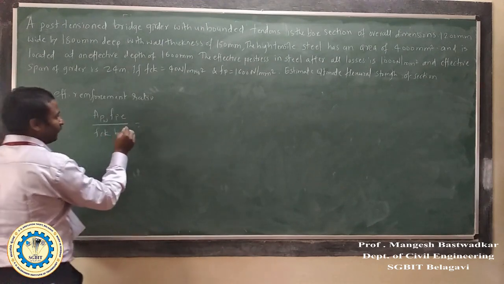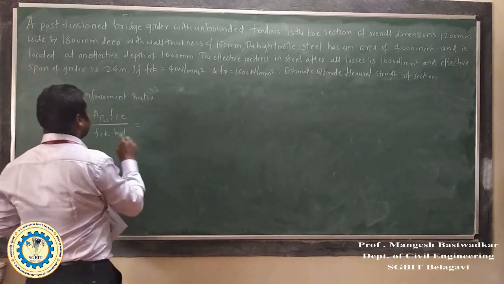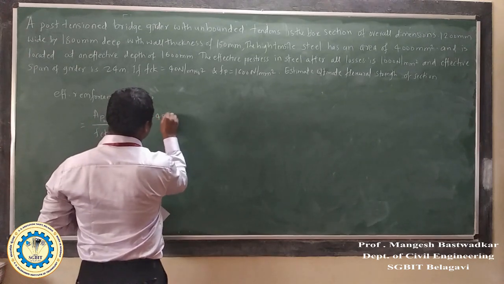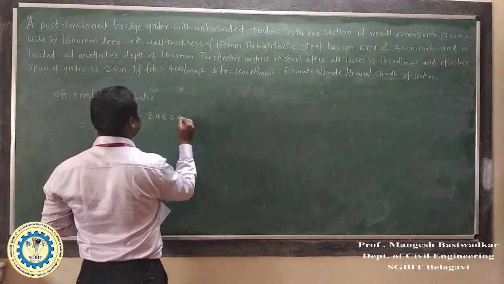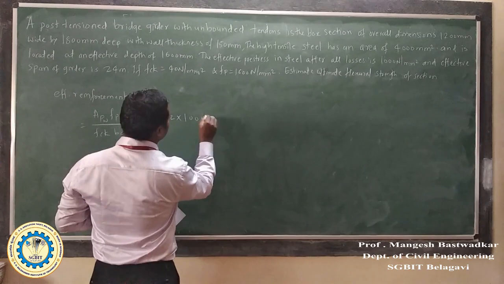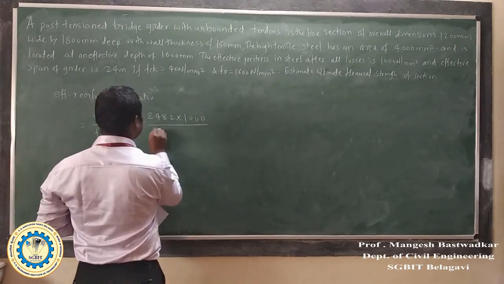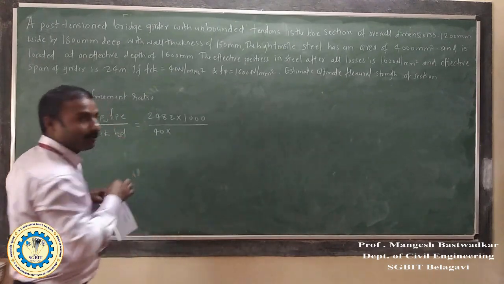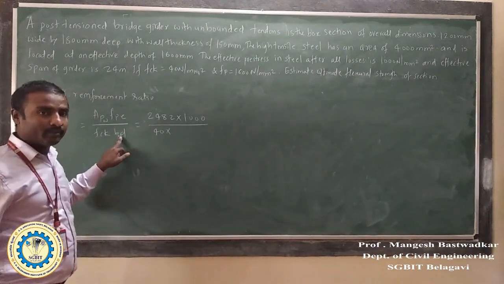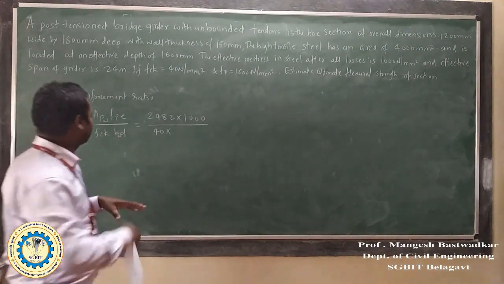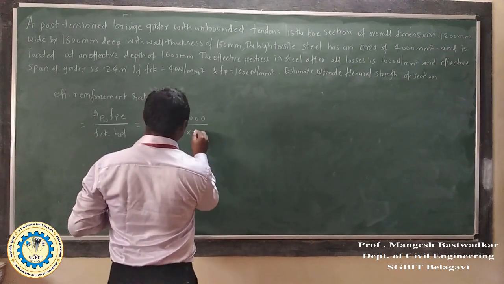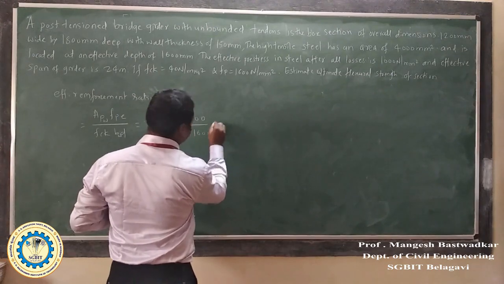So APW is 2482, into FP is 1000 Newton per mm square, divided by FCK is 40. The width of the web you have to consider here. Only the rectangular portion, meaning the web portion, you have to consider. So here the width of the web is 300 and effective depth is 1600.